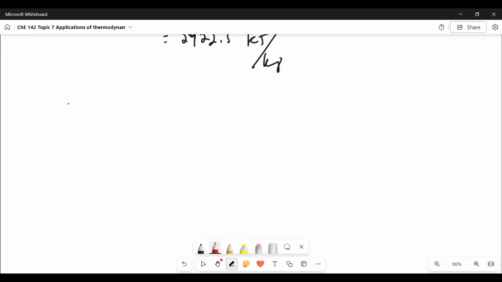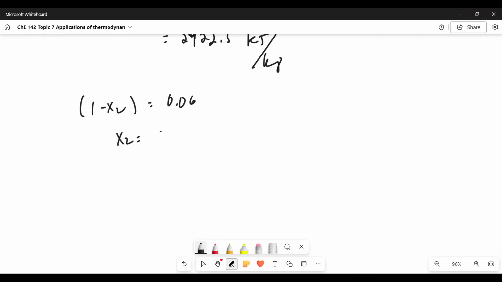That means 1 minus x2 actual is 6%, so 0.06. Therefore, x2 actual is 1 minus that, 0.94. So in letter A, what is x2? 0.9378. So it's quite near.